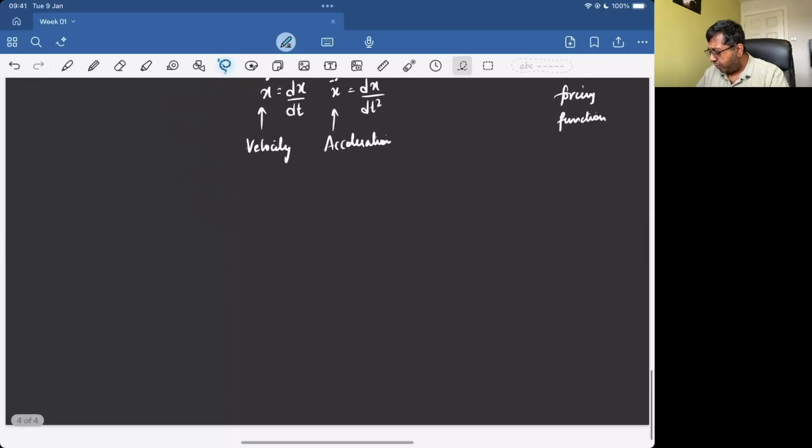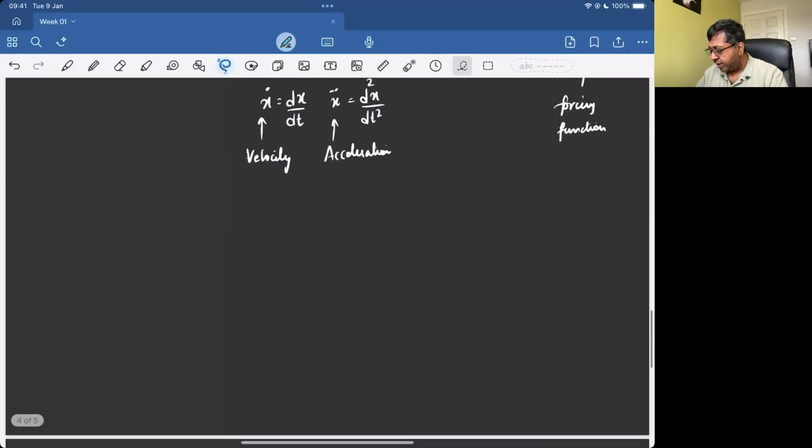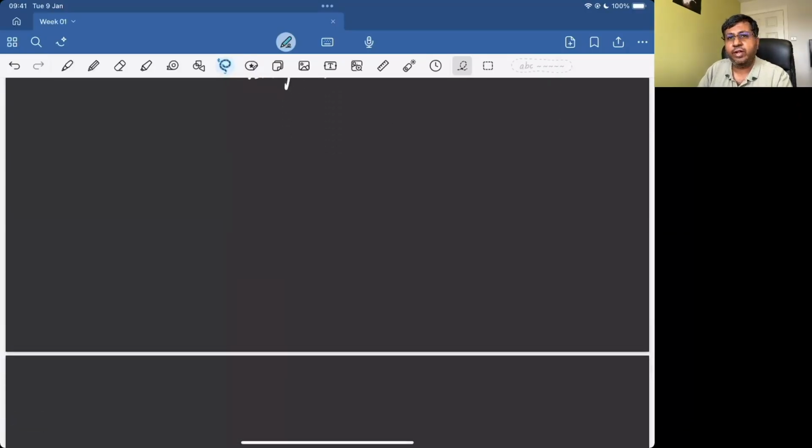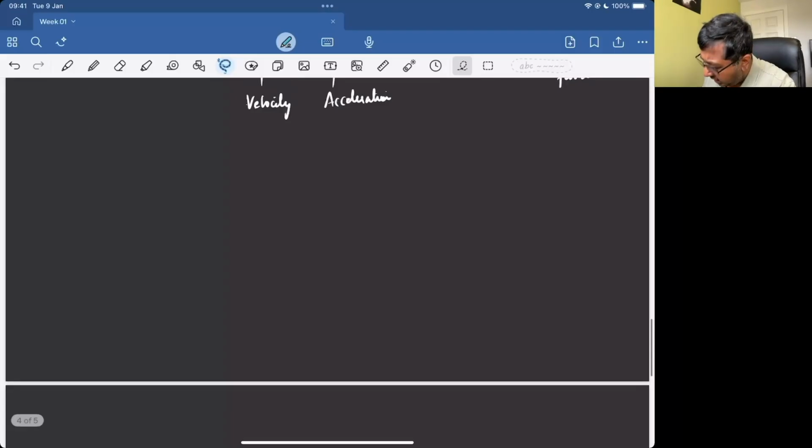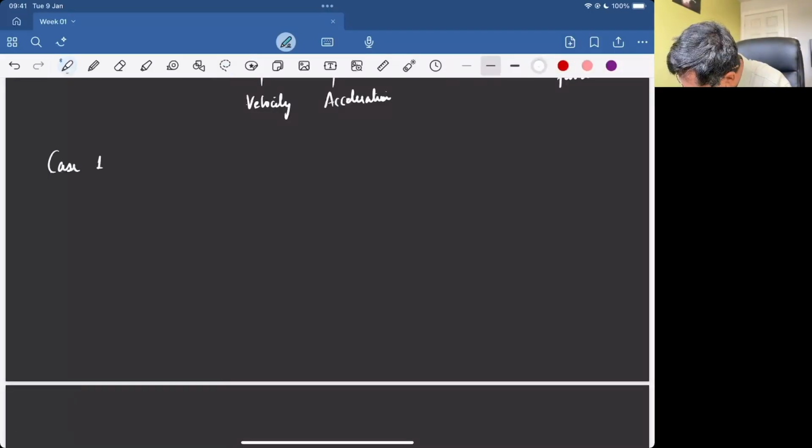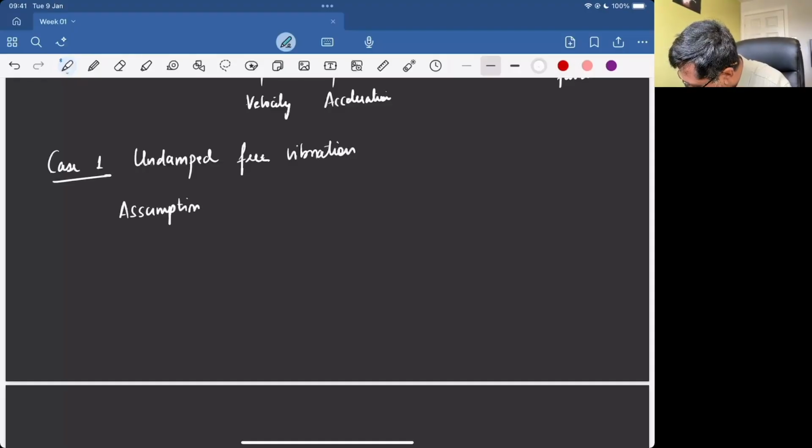So now we can slightly simplify even further as we did. We can say case A, or case 1, which we call the undamped vibration. What are the assumptions we are making here? One, that our damping is 0, no damping.